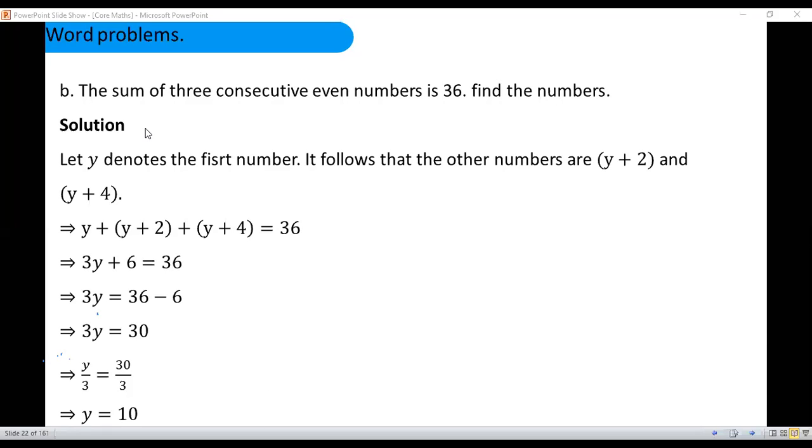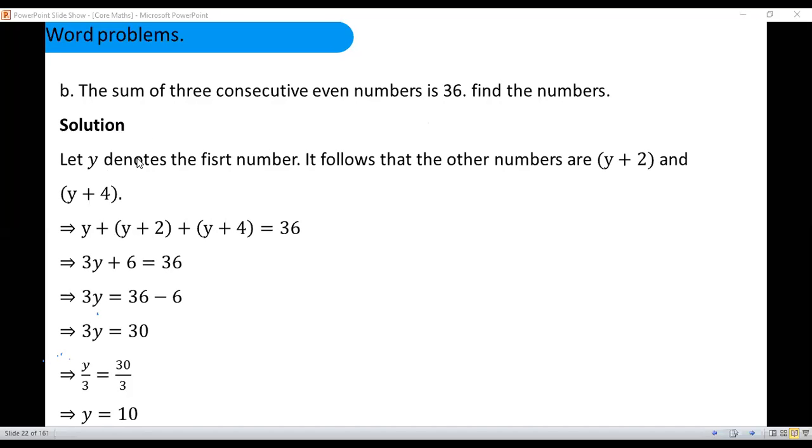So the problem here is the sum of three consecutive even numbers is 36. Now we want to find the numbers. First of all, we let the number be a variable. I'll say y, the first even number.